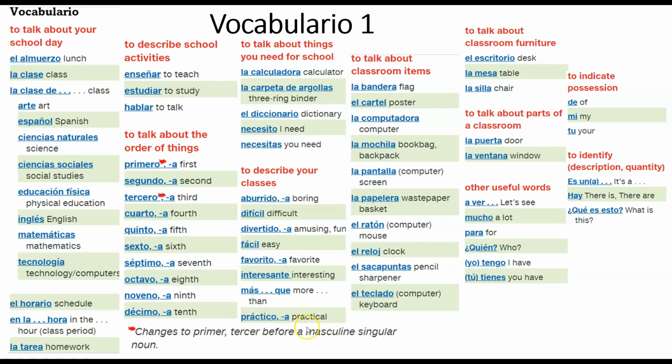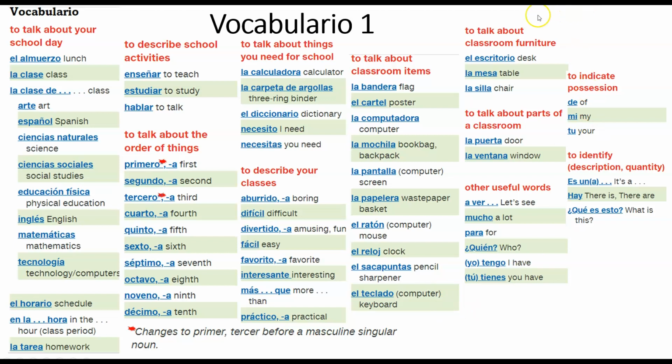Práctico, práctica. To talk about classroom items. La bandera, el cartel, la computadora, la mochila, la pantalla, la papelera, el ratón, el reloj, el sacapuntas, el teclado.